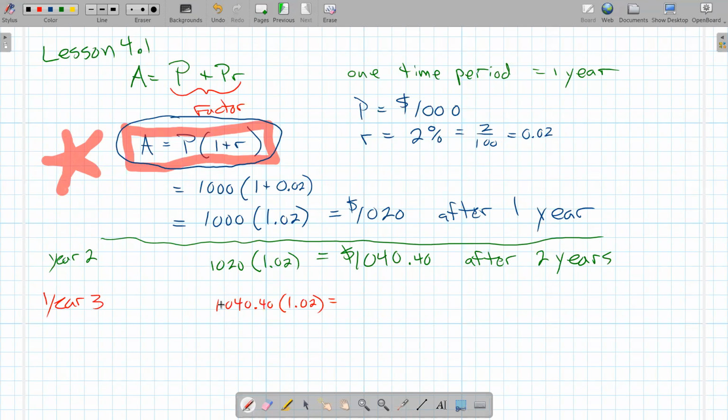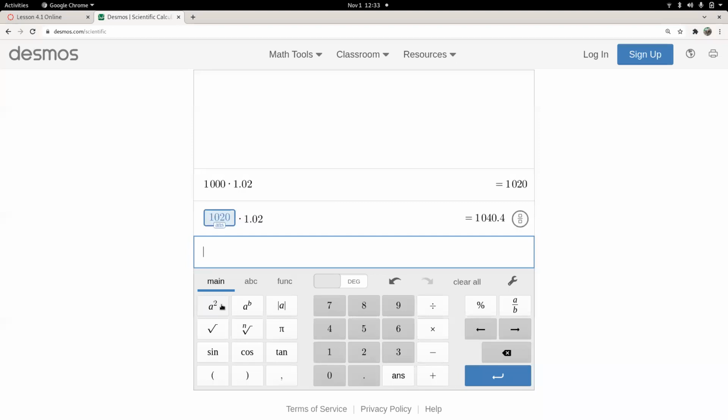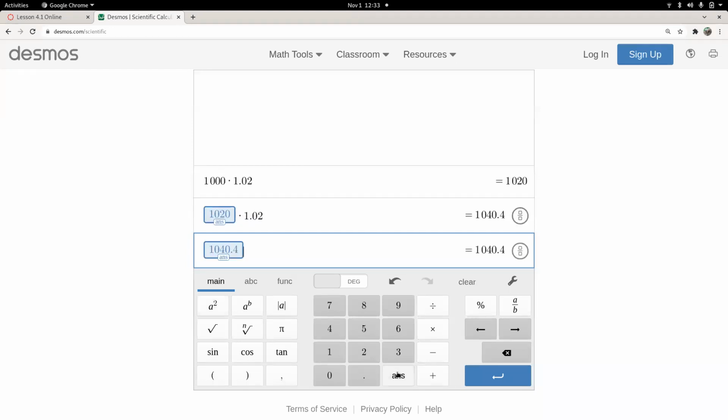Calculator, please. And notice how this is getting pretty repetitive. So this is a good place for a spreadsheet because a spreadsheet knows how to take the previous answer and do something to it. So previous answer times 1.02. And okay, so here I'm going to have to round a little bit because they're not going to give me 0.8 of a cent. So we're going to have to call it 1,061.21.